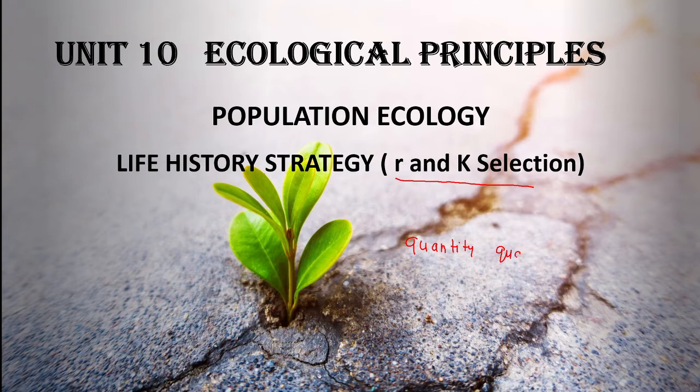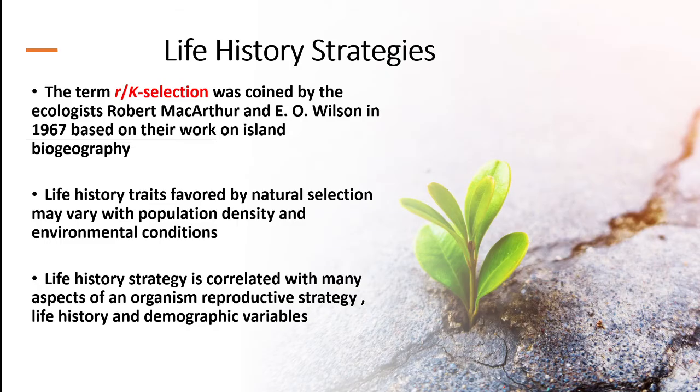So we say that it is a balance between quantity and quality of offspring. The term R and K selection was coined by Robert MacArthur and E.O. Wilson in 1967 based on their work on island biogeography.